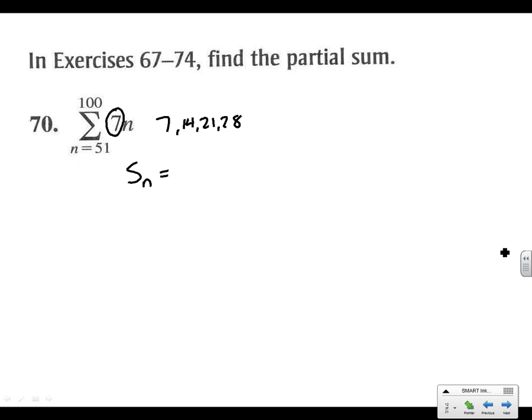So we can use our formula of n over 2, a1 plus an. So let's substitute some things in. We need to know the sum of, this is actually going to be 50 terms. From 51 to 100 is 50 terms. So we need to know 50 over 2. The first term, so let's plug in 51. 7 times 51.